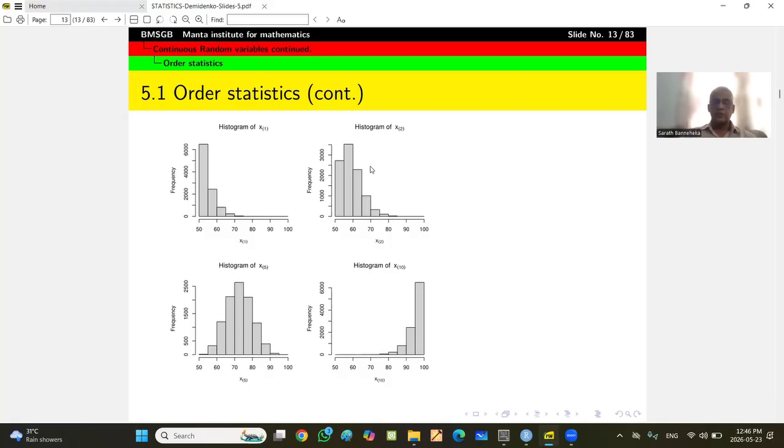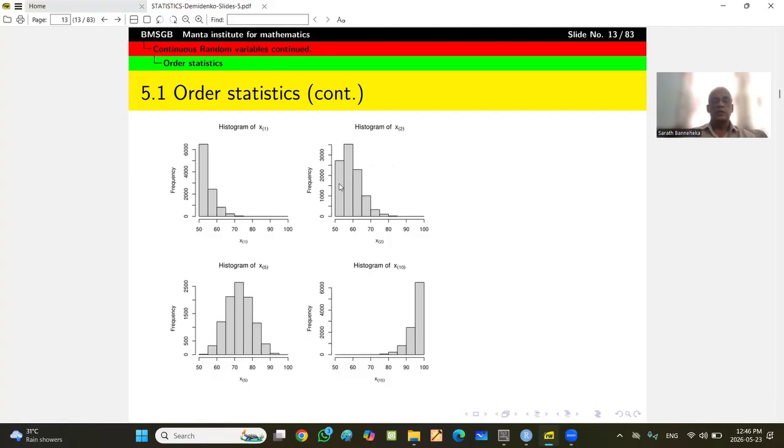Now, with the same idea, you can understand X2. The most probable values of X2 are not going to be between 50 and 55. The most probable values will be somewhere a little larger than that, like 55 to 60, for example.